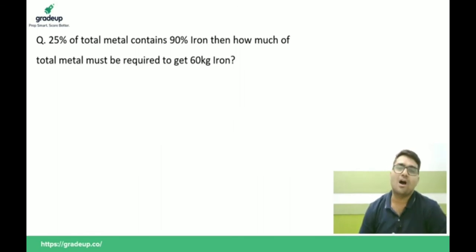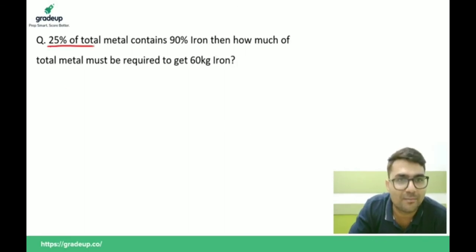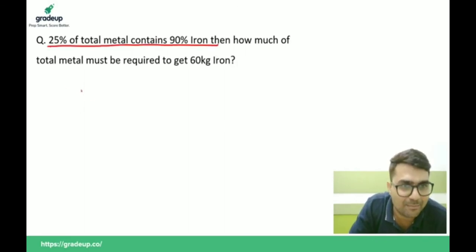Then how much of total metal must be required to get 60 kg iron? All right, guys, listen. Let's say the metal is of 100 kg.